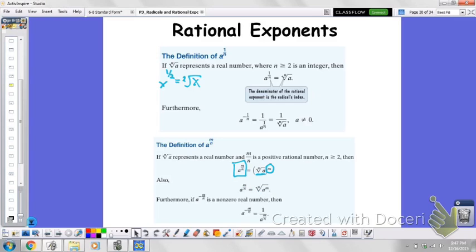So if I have something like x to the power of 2/3, I take the cube root of x all to the power of 2. And again, the negative exponent is going to flip our fraction and make whatever's in the numerator go to the denominator.